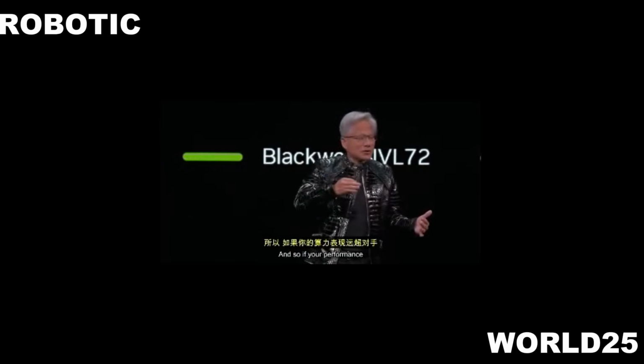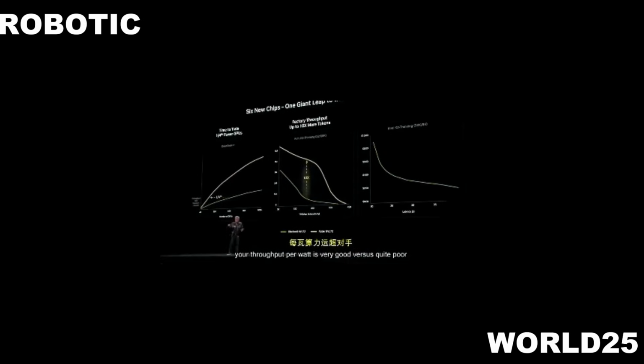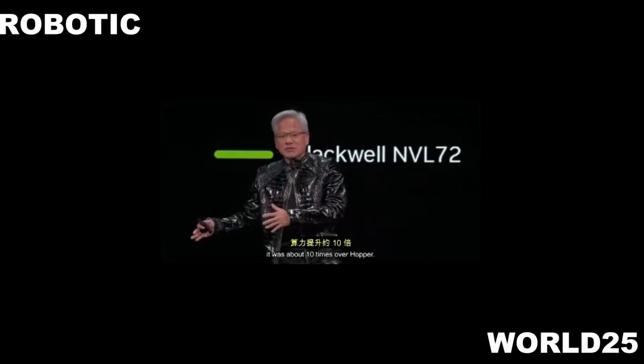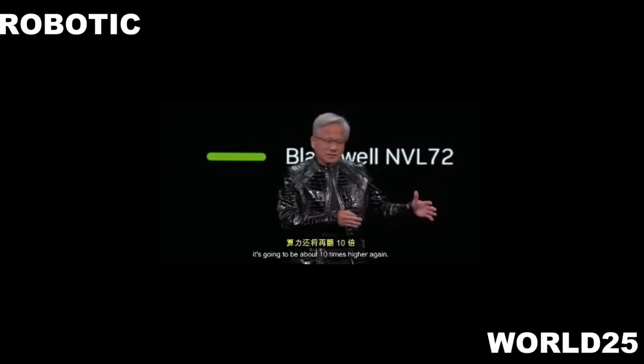And so if your throughput per watt is very good versus quite poor, that directly translates to your revenues. Your revenues of your data center is directly related to the second column. And in the case of Blackwell, it was about 10 times over Hopper. In the case of Rubin, it's going to be about 10 times higher again.